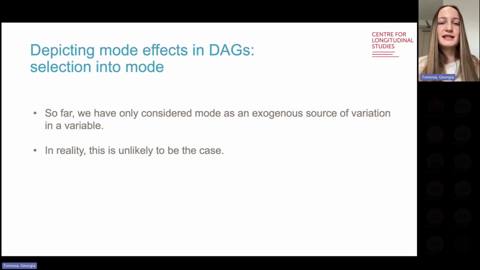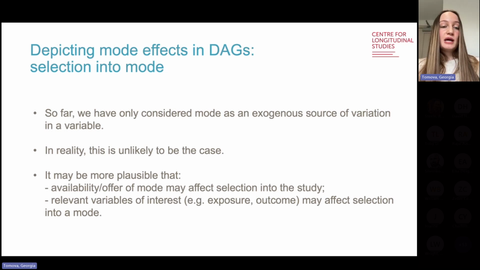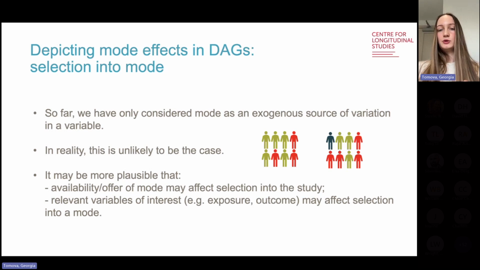Usually in the health and social sciences, things are related in a very complex way. And it actually often might be more plausible to assume that the availability or offer of one mode or another might affect selection of different people into the study. For example, given two different modes, we might expect that different proportions of people with different characteristics would end up responding using different modes.